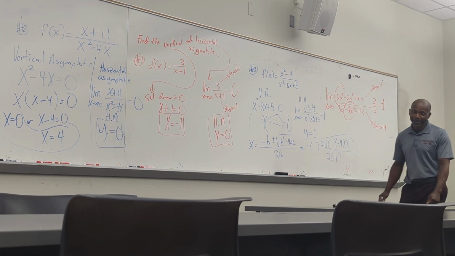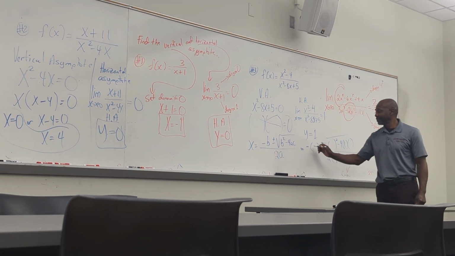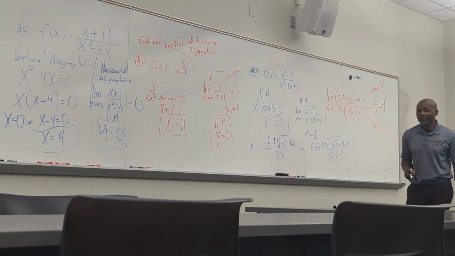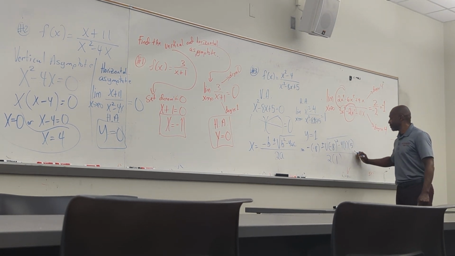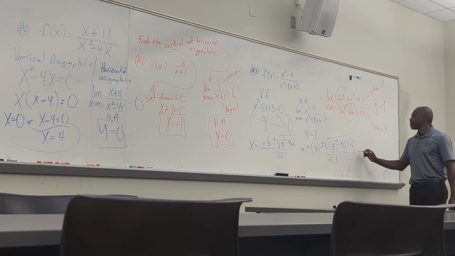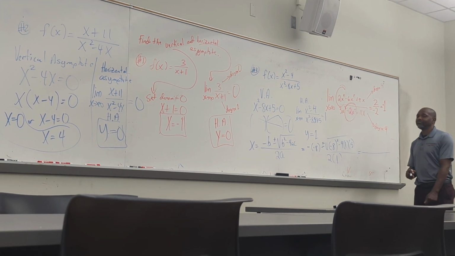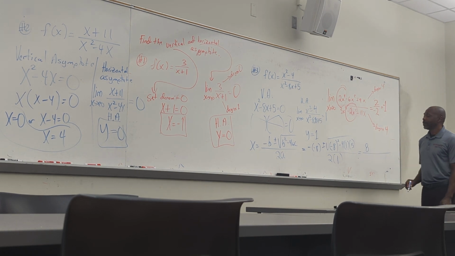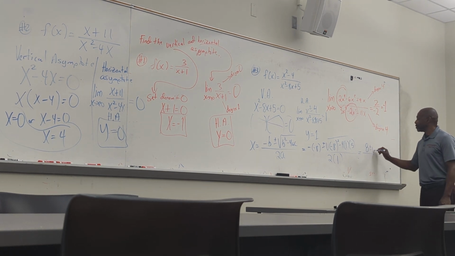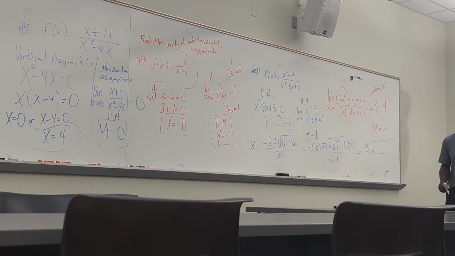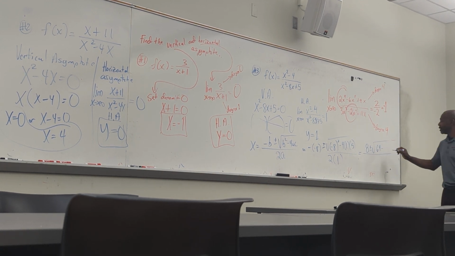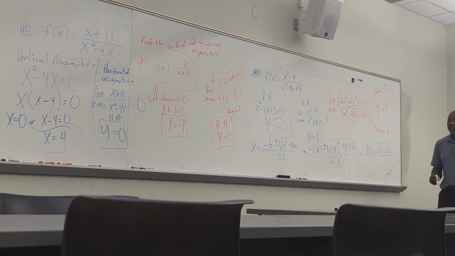What's B? -8. What's C? 5. So what happens is I've got negative -8, so that's 8 plus or minus the square root of 64 minus 20, all over 2.